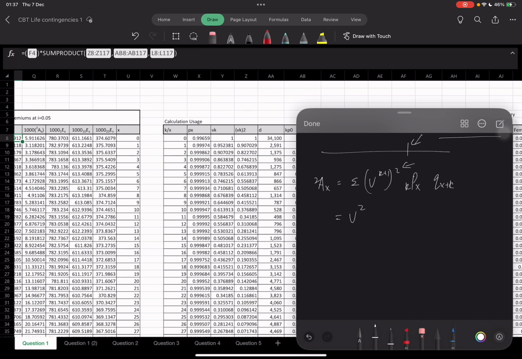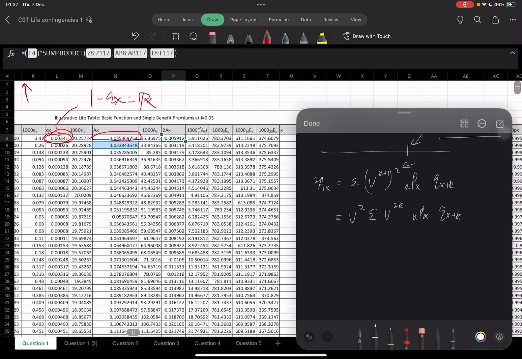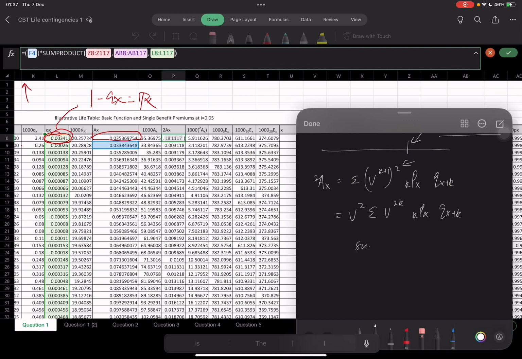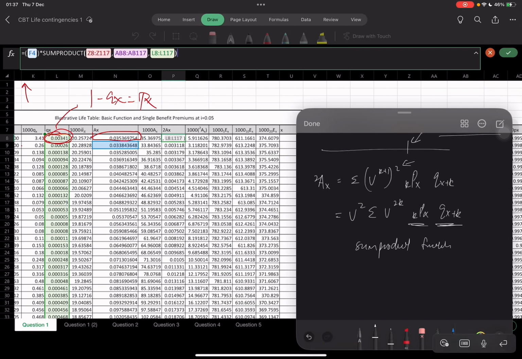We factorize out v square, and then we have the sum of v^2k times kpx times q(x plus k). From here, we use the SUMPRODUCT function to sum kpx and q(x plus k).